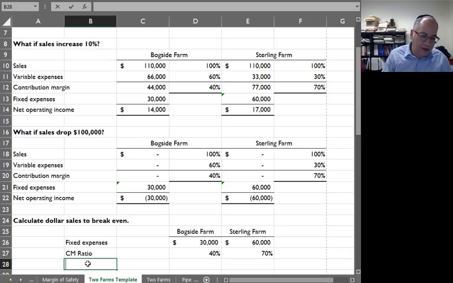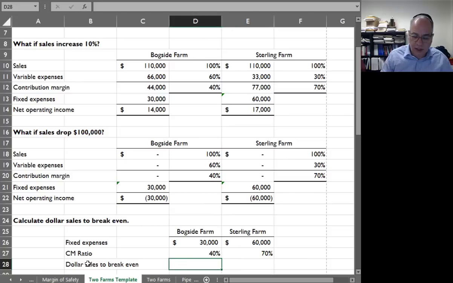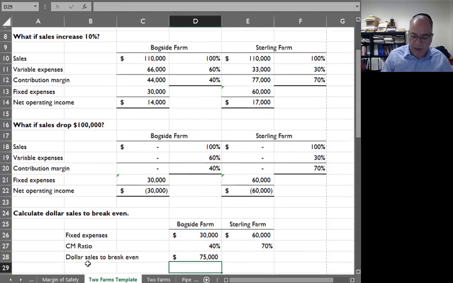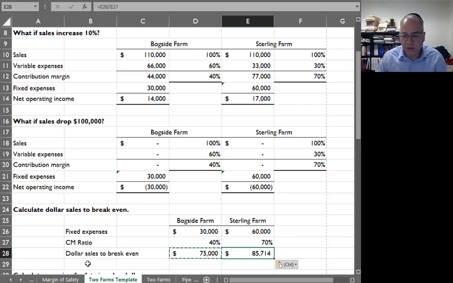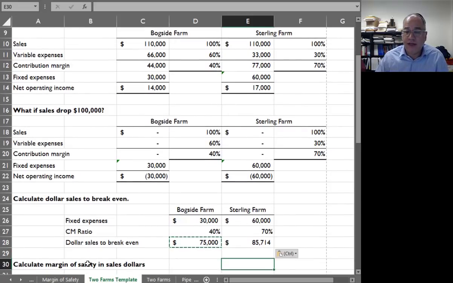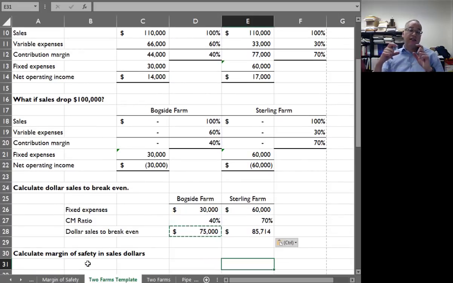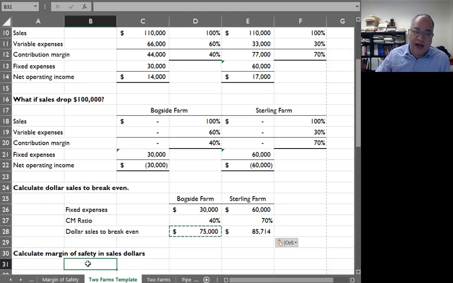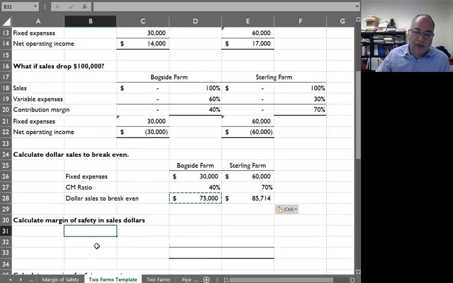So your dollar sales to break even is going to be 30,000 divided by 40%, 75,000 for Bogside, and $85,714 for Sterling. In other words, Sterling is going to need to sell more in order to cover its fixed expenses, which you might expect because their fixed expenses are higher. On the other hand, their contribution margin ratio is also higher. That's why we want to do this calculation. Now let's look at the margin of safety in sales dollars.